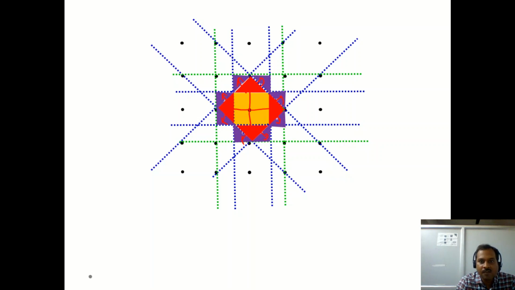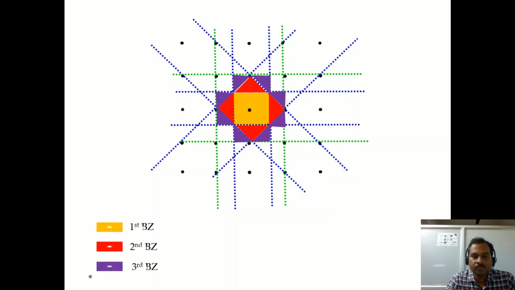After crossing two Bragg planes, we can enter into the third Brillouin zone. In this manner we can construct the Brillouin zones in the reciprocal space. Since we have taken a square lattice, the Brillouin zone is also square in nature. The yellow region is the first Brillouin zone, the red region is the second, and the violet region is the third Brillouin zone.